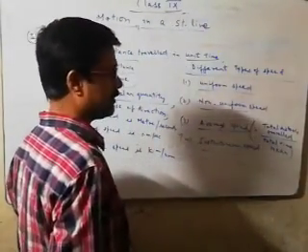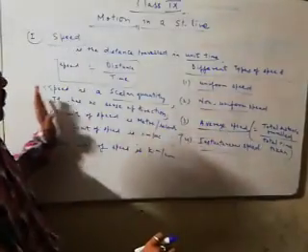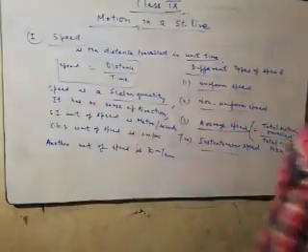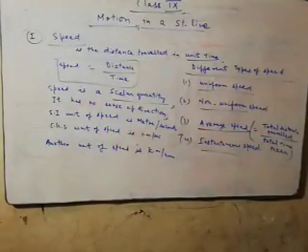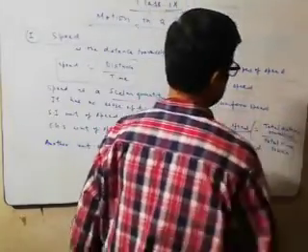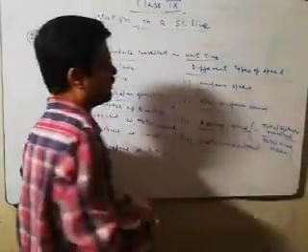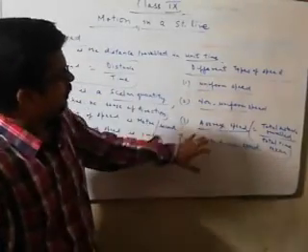Total distance traveled by total time taken. So you should note down this formula. That is very important. Video बन रहा है, थोड़ा आवाज नहीं करना, video बन रहा है. So we will use this formula to solve many questions. It is a very important formula. Total distance traveled by total time taken. Okay.